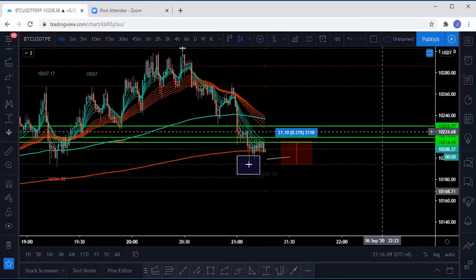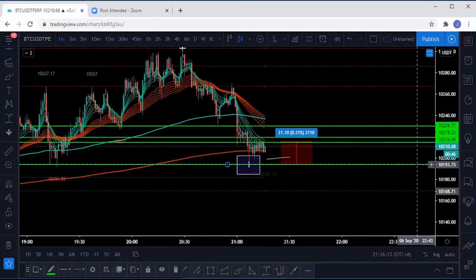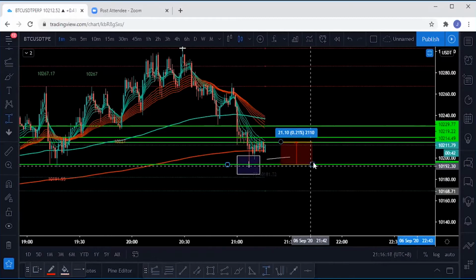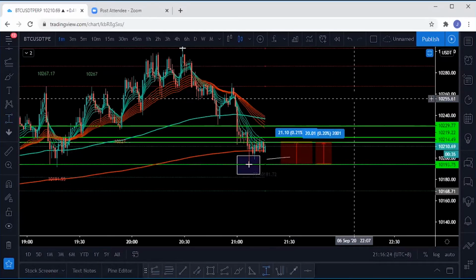So I enter here in the cross, our support area. Let's see our PNL from here. That is already 20%. So that is your exit plan: exit in our resistance or below our resistance.